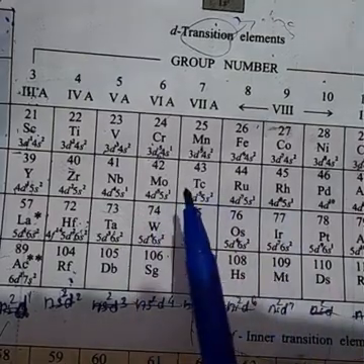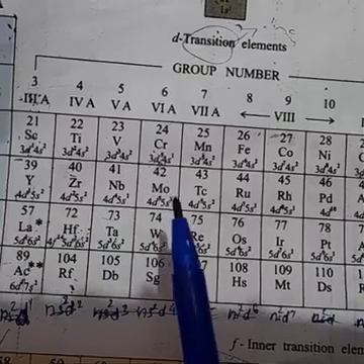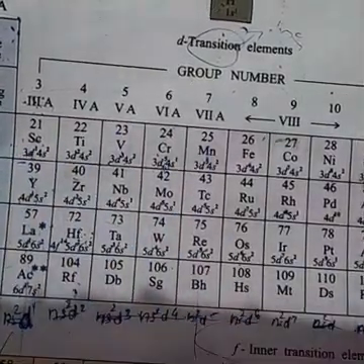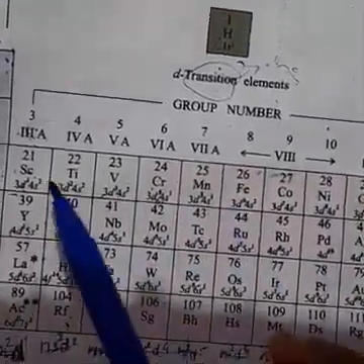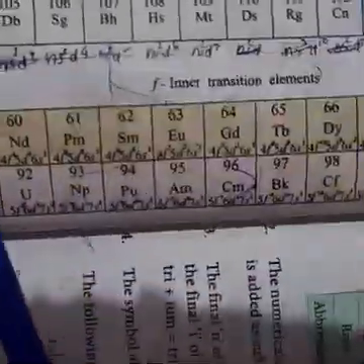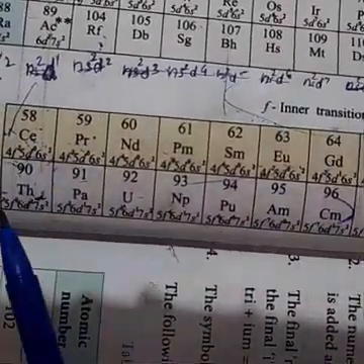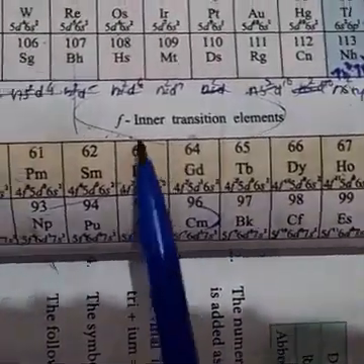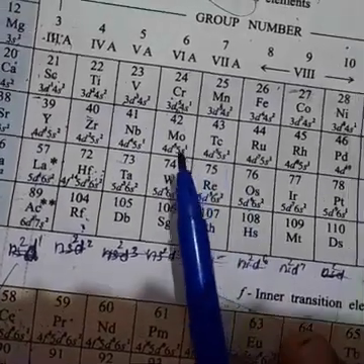Understood? The D block elements are group 3 to group 12. And the F block elements, cerium to lutetium, the lanthanides and actinides, are otherwise called the inner transition elements. Understood? Okay. Thank you all.